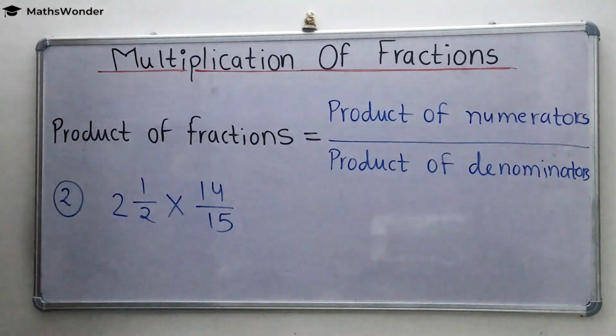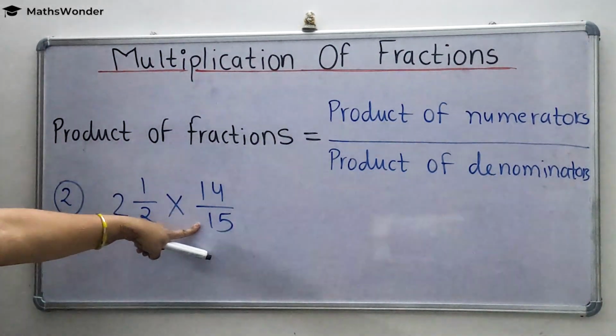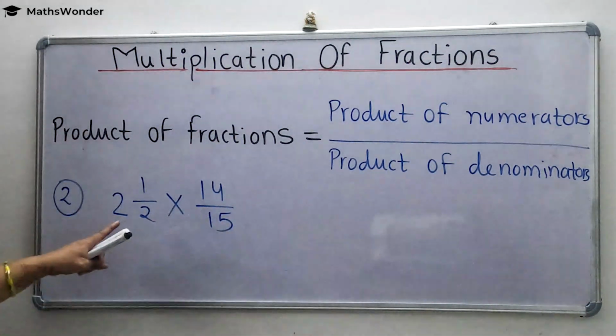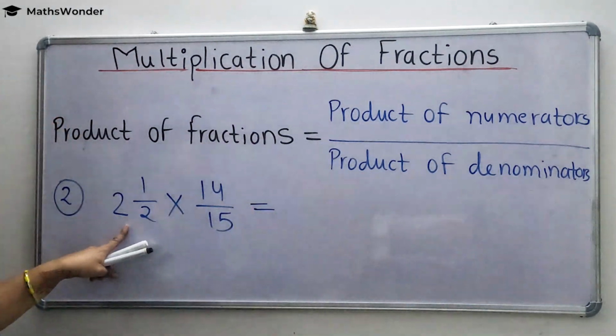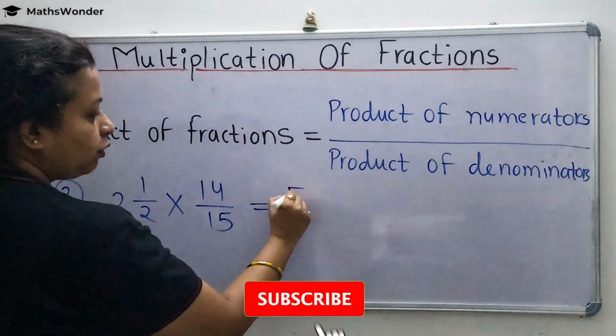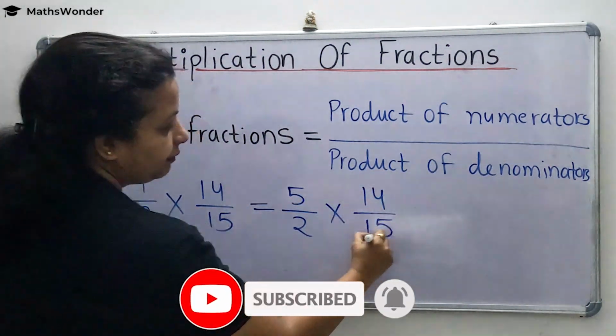So this is another example. If one fraction is given as mixed and another as proper, always remember to convert the mixed fraction, if any, into improper fractions. So first you will convert into improper. 2 times 2 is 4 plus 1, 5 over 2, times 14 over 15.